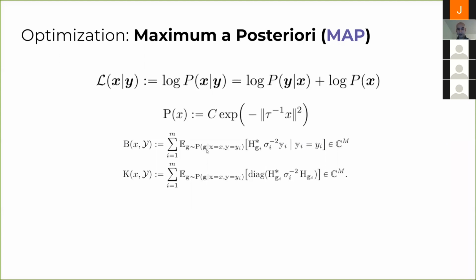Just briefly, B here is basically an expectation over a back projection, or an expectation over your data, reconstructed back into place in your Fourier volume. So B basically becomes your back projected images in 3D volume, whereas K becomes a measure of the amount of signal that goes into each slice. It's basically based on the CTF.